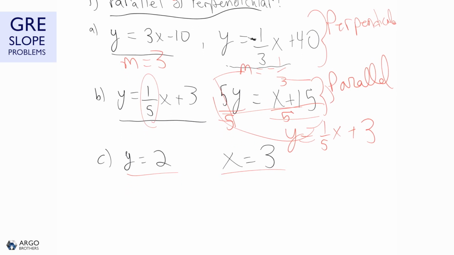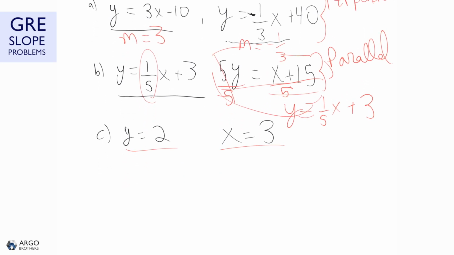Now for the last one, we have y equals 2 and x equals 3. For this one, you're not really going to use a y equals mx plus b method. You just need to realize that if you ever have a line where the equation is just y equals a constant or x equals a constant, that means it's going to be parallel to the y-axis or parallel to the x-axis.